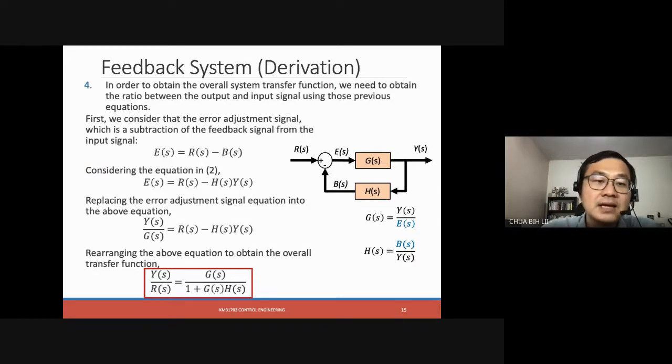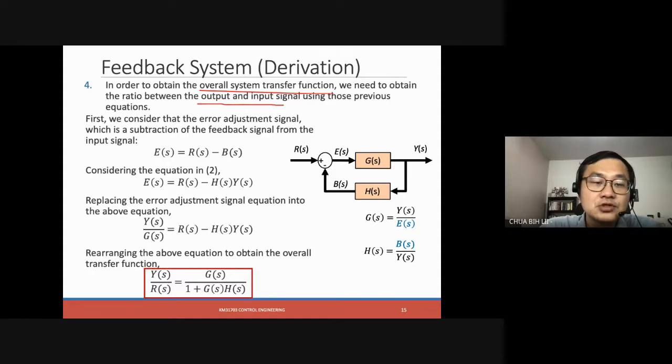Now how we can combine them together, in order to obtain the overall ratio between the output signal and the input signal. Output and the input.